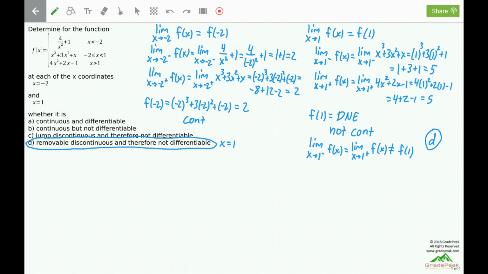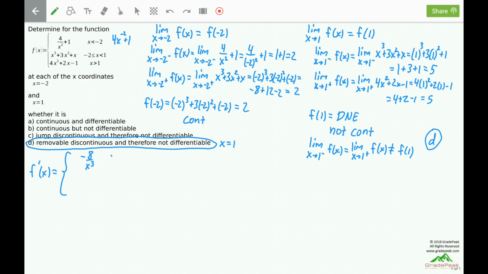Before we take the derivative for the split expression function up here, let's rewrite that first expression as 4x to the -2 plus 1 to help us take the derivative using the power rule. So f prime of x will be, that first term will be our power rule. Bring down that -2. That'll give us -8x to the -3, which can immediately be rewritten as -8 over x cubed.